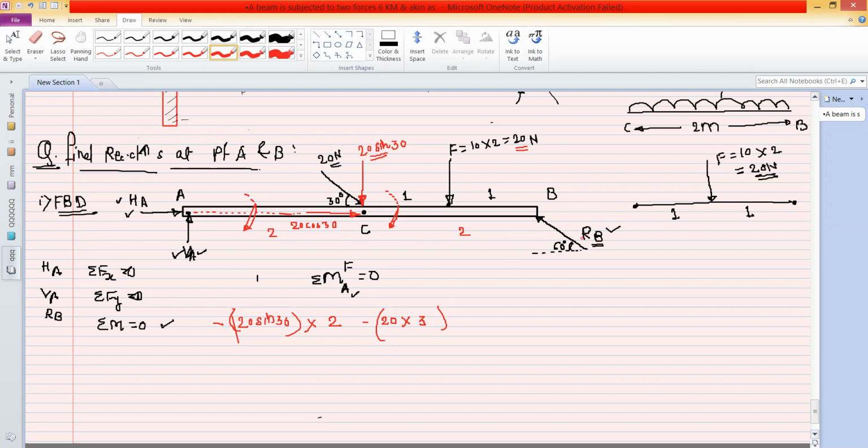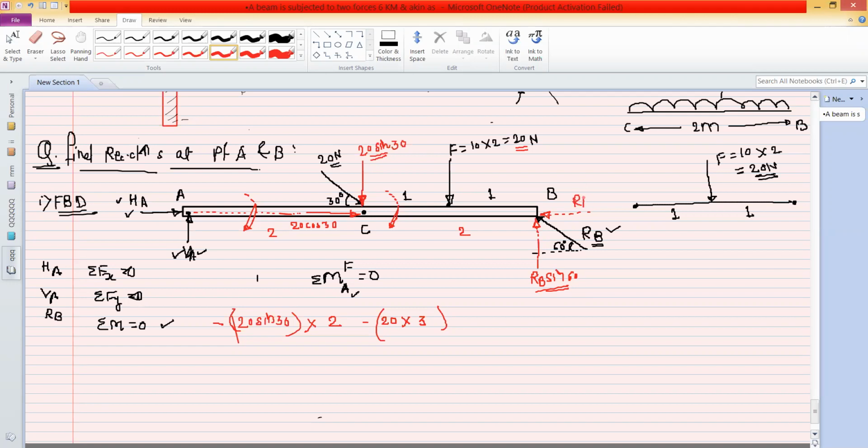Next is reaction RB. For the reaction RB, resolve this. So this is the y component. This is 60 degree, so it is sine 60 because it is 60 degrees with respect to the x-axis. Therefore, the y component will be the opposite component, RB sine 60.